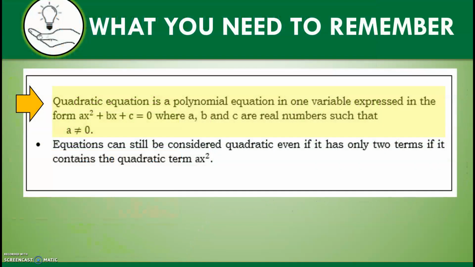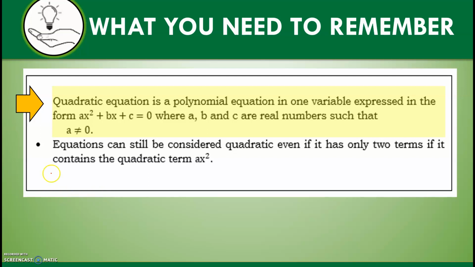So what you need to remember with a quadratic equation, it is a polynomial equation in one variable, expressed in the form ax squared plus bx plus c equal to 0, where a, b, and c are real numbers such that a must not be equal to 0. Alright, remember that. Why is it necessary for a not to be equal to 0?